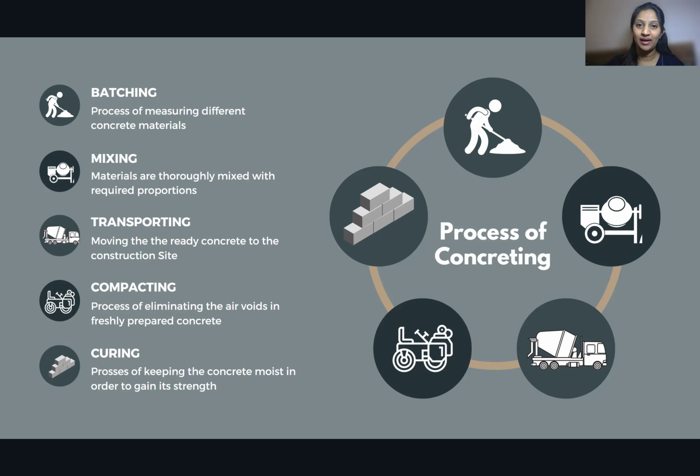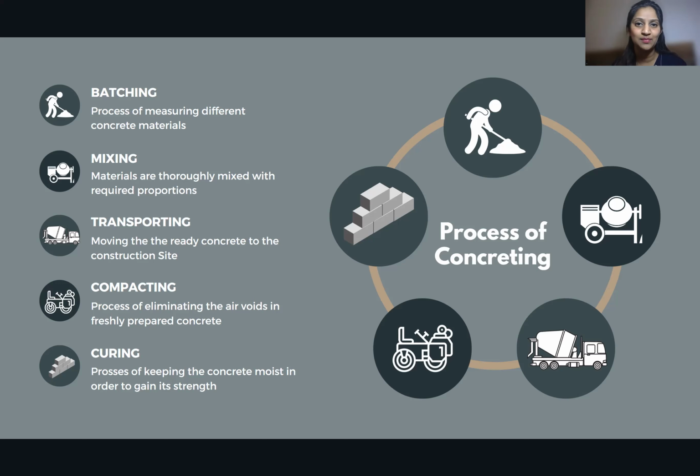So now, you have a lot of concrete materials that have been batched, and all of them are mixed with proper consistency. Now what? You will have to transport it to the site where you will be executing it. Sometimes the mixing of this concrete happens on the site itself. Sometimes you will make use of RMCs, that is ready mix concrete.